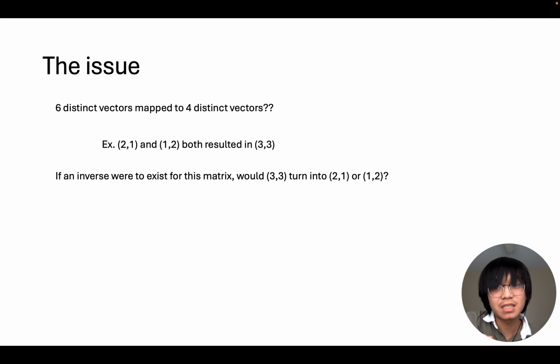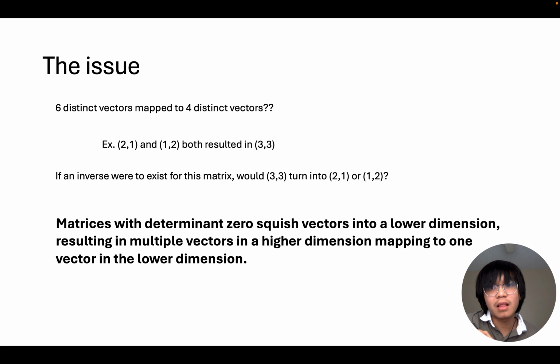The answer is, you don't. So looking at this, we learn that matrices with determinant 0 squish vectors into a lower dimension, resulting in multiple vectors in the higher dimension mapping to one vector in the lower dimension, which is a big problem.